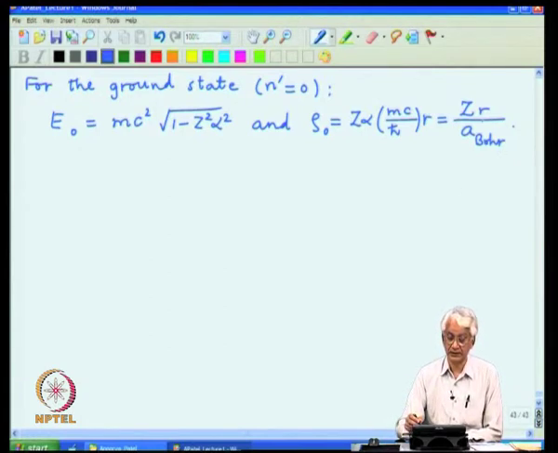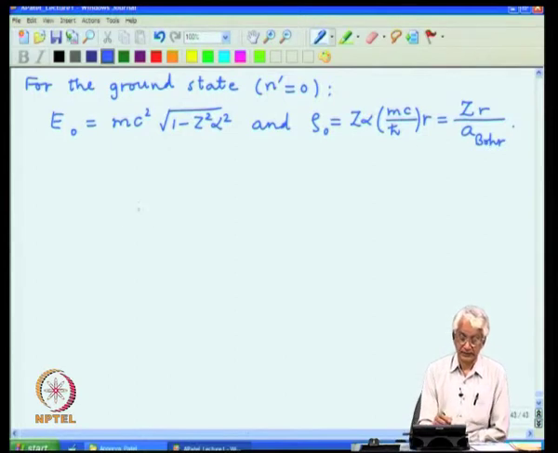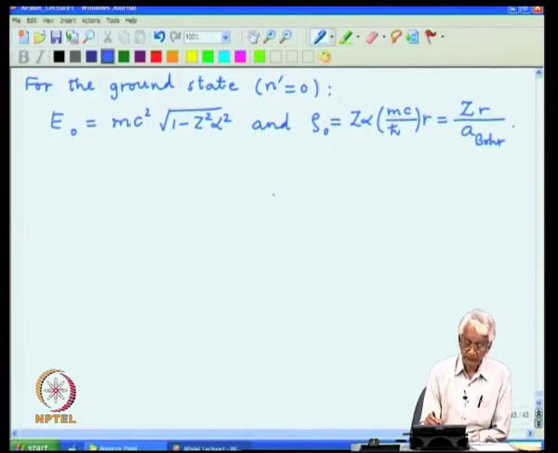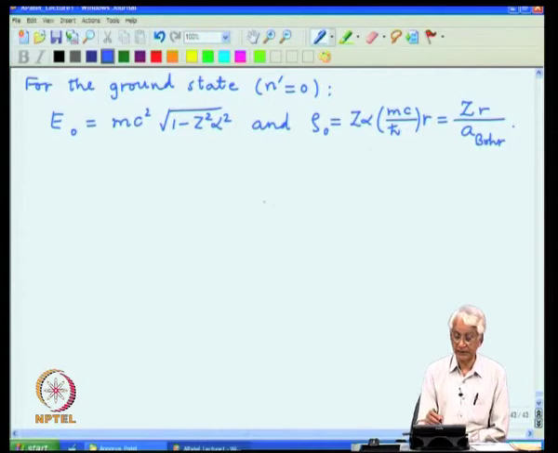In particular, the exponential rate of fall off is determined by the Bohr radius. So, these are the results which one expects, and they emerge quite naturally from this detailed solution.